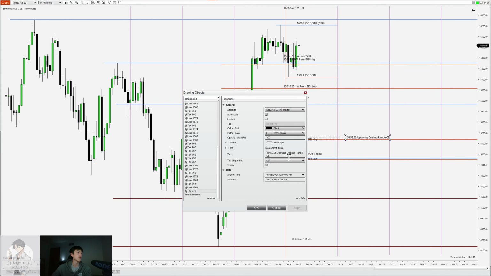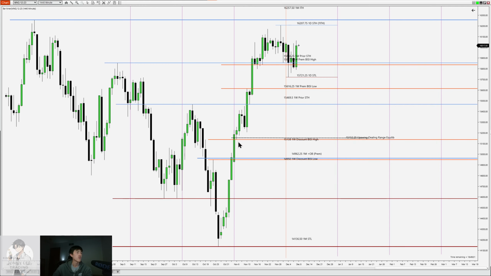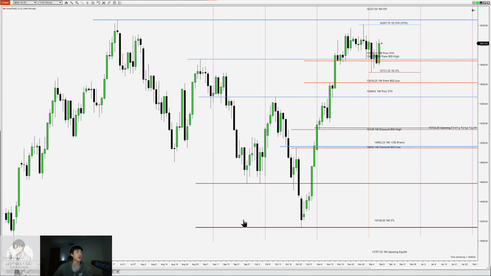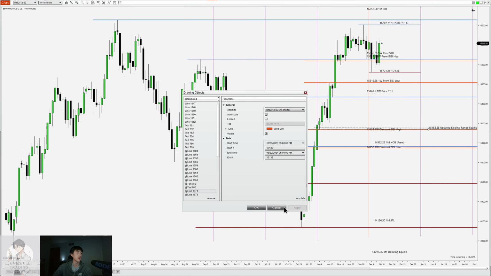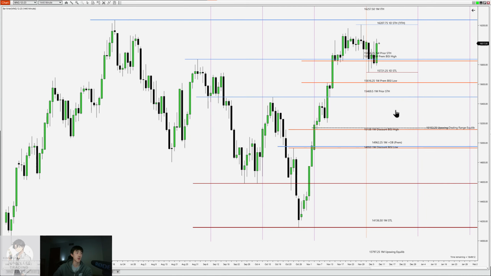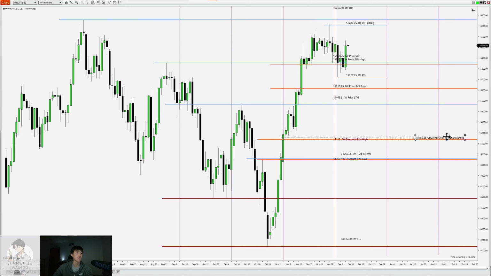Or we'll mark this as equilibrium. What happens to be right beneath it is this weekly discount BISI high. So if this were to fail, I want to see this go downwards, right? So we'll leave that on there for the time being. And we know that we'll be able to see that on our lower time frame charts as well. But we'll keep this off to the side just so that it's not immediately messing with our charts.